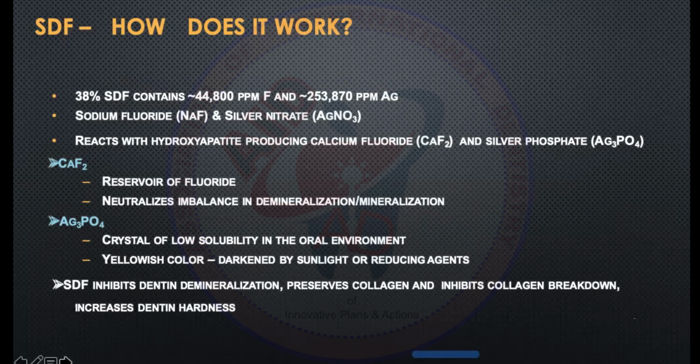So that is the role of fluoride. And then the silver will kill all the bacteria and it will stabilize the dentine. Once the bacteria are killed, because of fluoride there is a recalcification of the demineralized lesion. So you get a hard dentine and a less sensitive dentine, right?